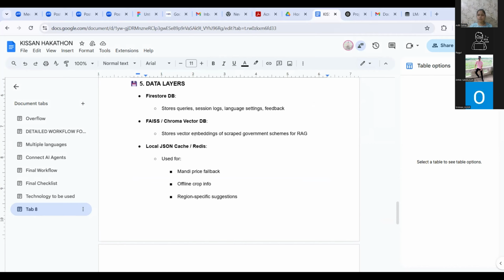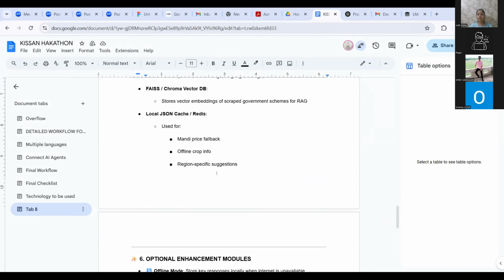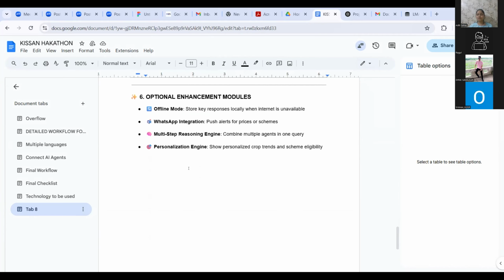Chroma vector will help us store and embed the government schemes, and a local JSON file is used for mandi price and offline crop information. Basically, this is the local database part. It will consist of some crop information, some suggestions, and mandi price.